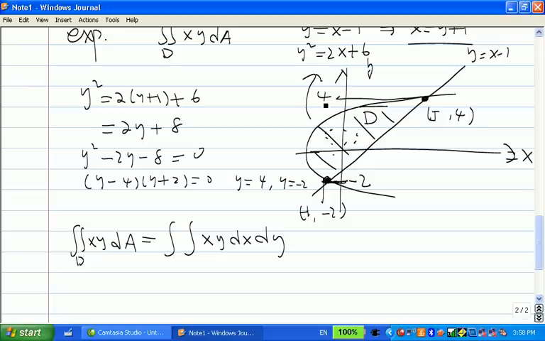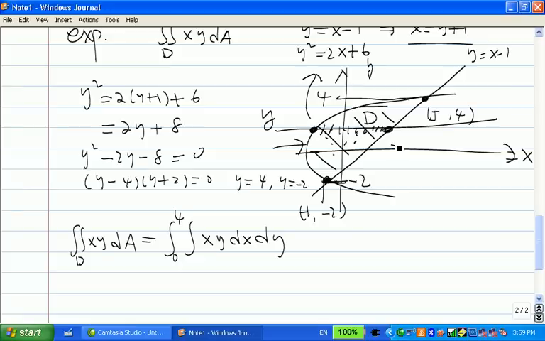So it's minus 2 to 4. Then you fix y in between, arbitrarily. For given y, all those points inside, your x must be bigger than this point and less than this point. This one is your bottom curve, this is your top curve.